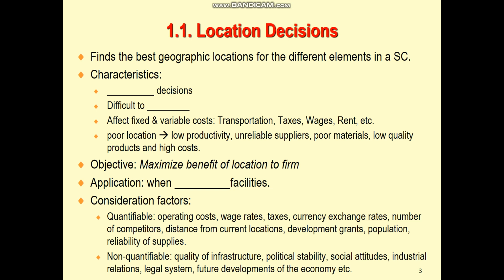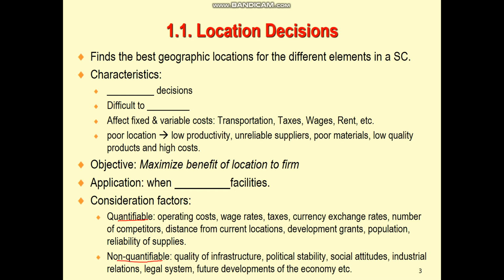Let's see what kinds of factors we have to consider when we make the location decisions. So we separate those factors into two main groups. The first one is quantifiable factors, and the second one is non-quantifiable factors.